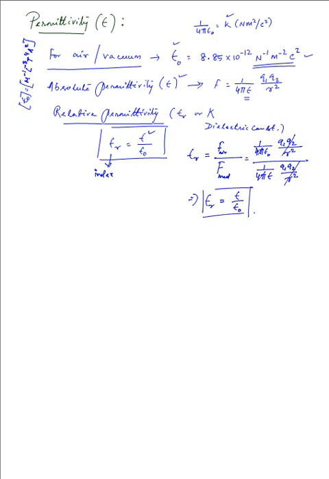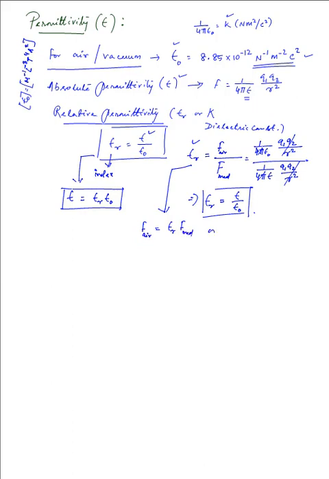Now from this, what we also get to know is that having the knowledge about the relative permittivity allows us not only to obtain the value of the absolute permittivity of the medium given by this relation, but also we obtain that the force in air is equal to epsilon r times the force in the given medium.